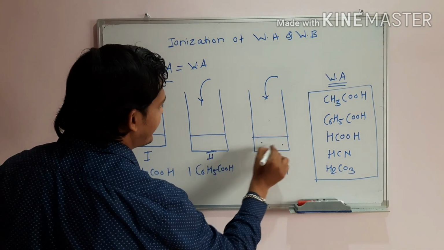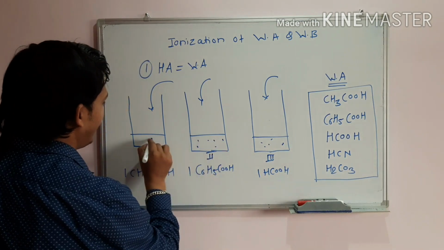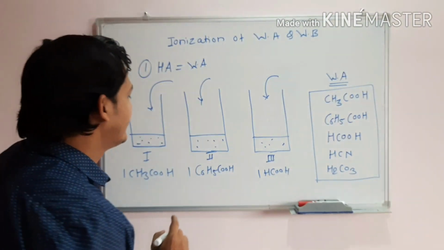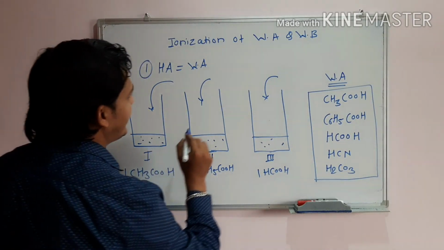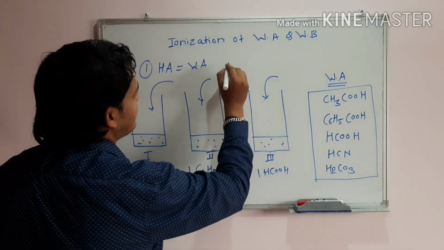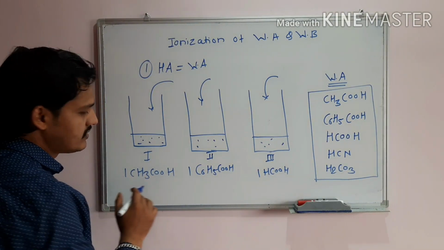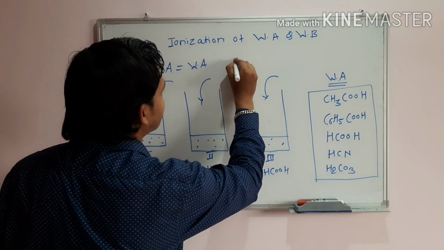Okay, after the dissociation process is completed, the final conclusion is that acetic acid is 50% dissociated. So out of 1 mole, 0.50 moles are dissociated.